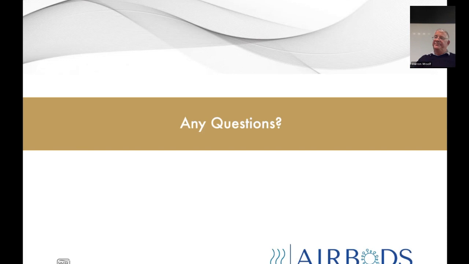Okay. Another one just come in from the audience was how to conduct validation for CFD models in airborne infection dynamics. Is there a benchmark? Yeah, we've got a page on the Airbods guide where, within the test chamber, we took some measurements and did some CFD, and we show where we validated.